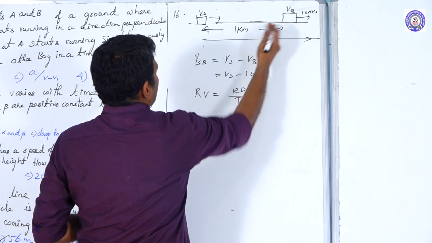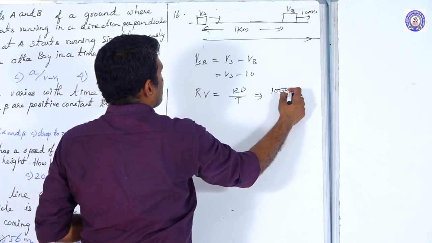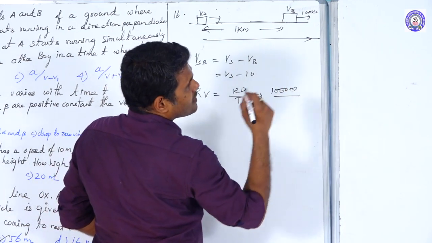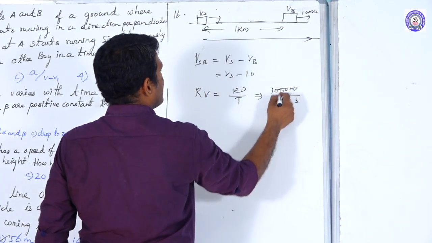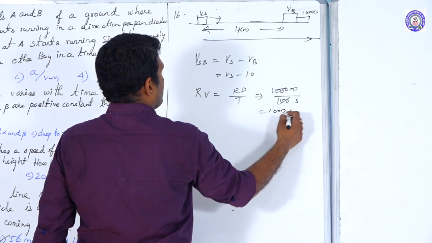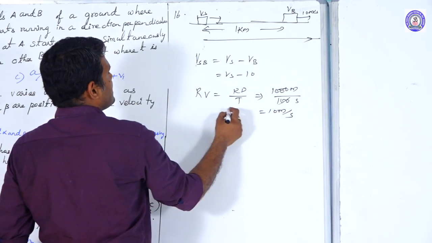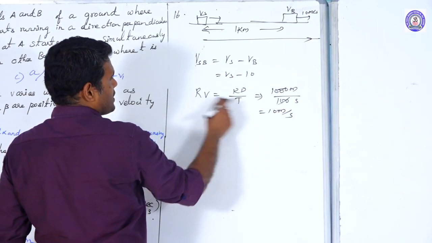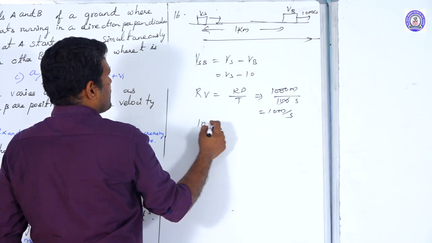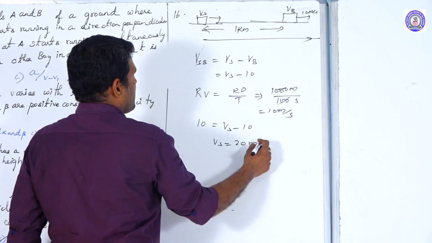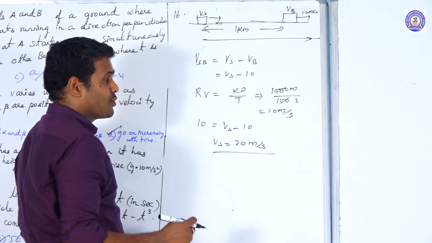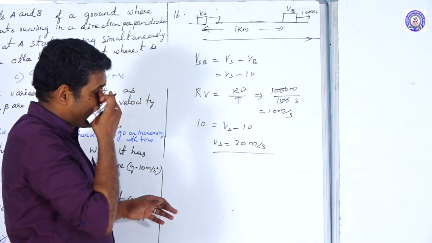Relative distance or relative displacement is 1 kilometer, which is 1000 meters, divided by time taken, 100 seconds. So this is equal to 10 meters per second. The relative velocity of the scooterist with respect to the bus is 10 meters per second. So 10 equals Vs minus 10. So Vs equals 20 meters per second. Velocity of the scooterist must be equal to 20 meters per second.